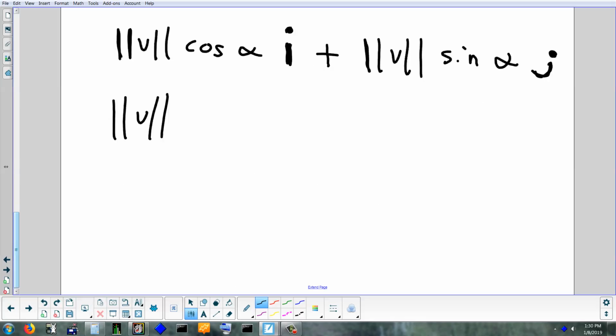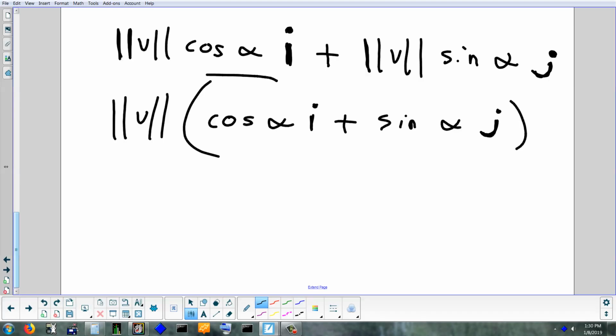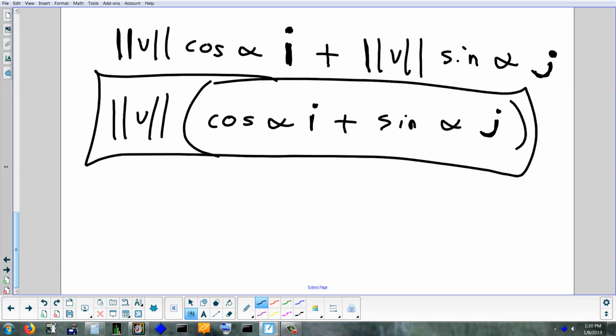So we can put the magnitude in front of everything. If I take it out of the first one, I'm just left with cosine alpha i. If I take it out of the second one, it's already in front. I'm left with sine alpha j. There's the formula we can use for a velocity vector.